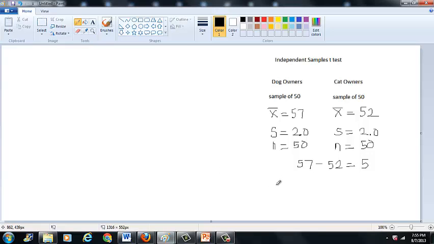The t-score, if we look at our formula in the PowerPoints: the top of the formula is the mean of sample 1 minus the mean of sample 2.